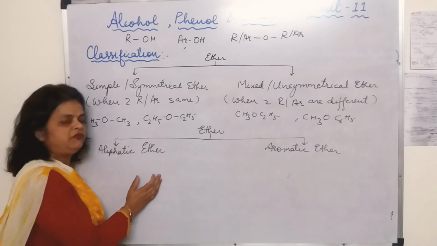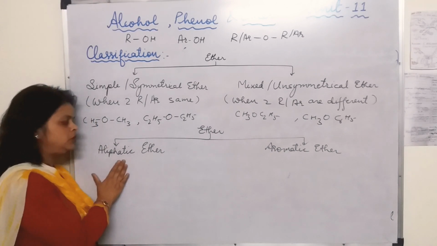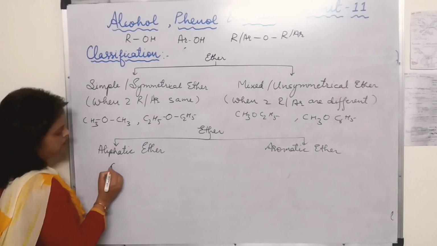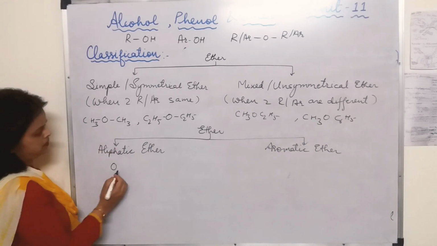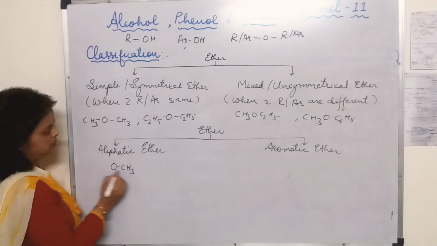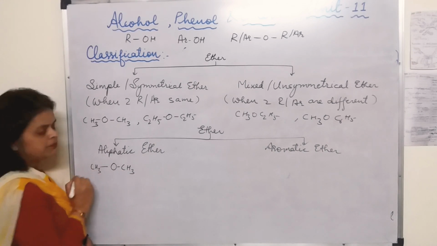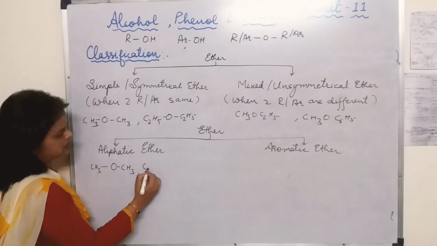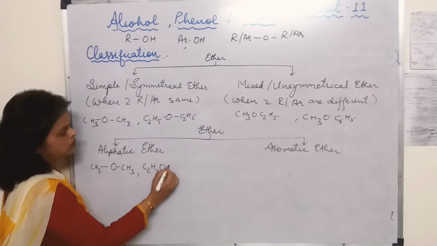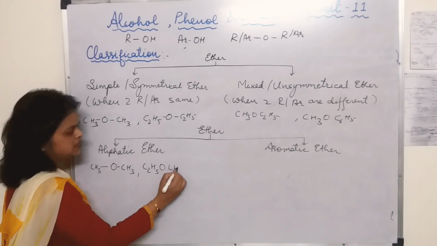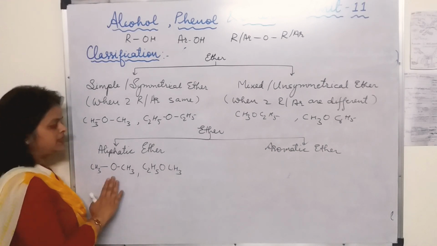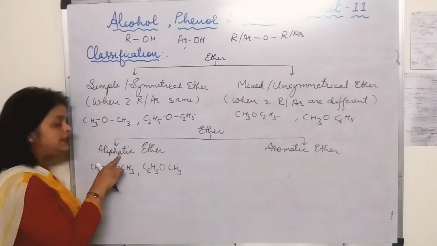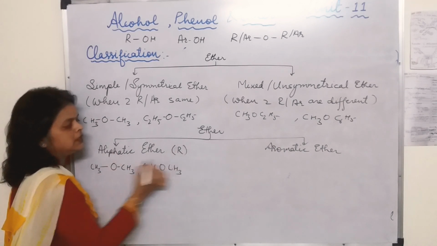If both sides we have alkyl groups, then we will use the word aliphatic ether. For example, O with one side methyl and the other side methyl. They can be the same, they can be different. Same example, C2H5O CH3 also. So it's not necessary that they should be the same, they can be different also, but they have alkyl groups.